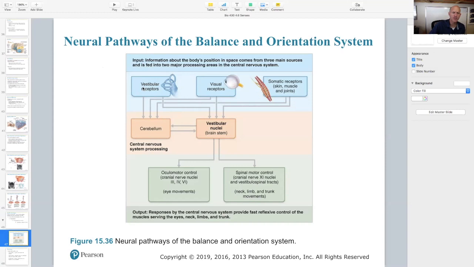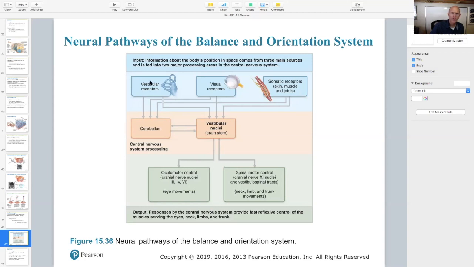The vestibular can stimulate the cerebellum, which then can stimulate the brainstem, the vestibular portions of that, right? And that is going to affect our eye movement. That's why when we get dizzy, our eyes try to move with that, as well as the vestibulocochlear nerve coming in here, as well as cranial nerve 11.